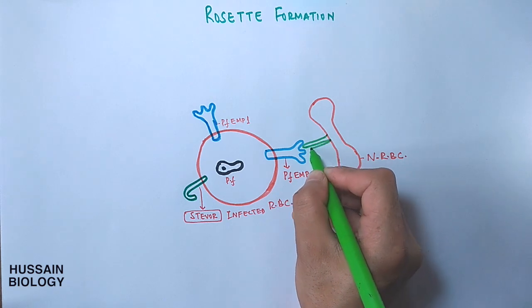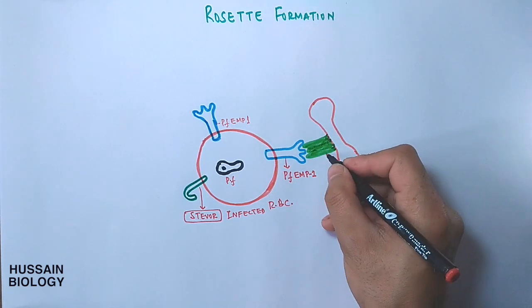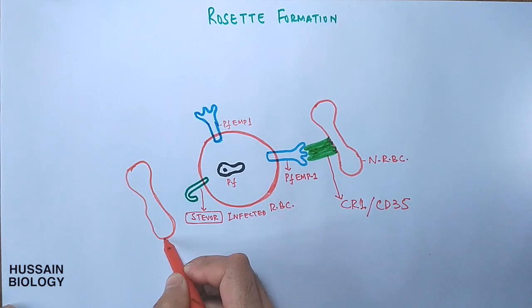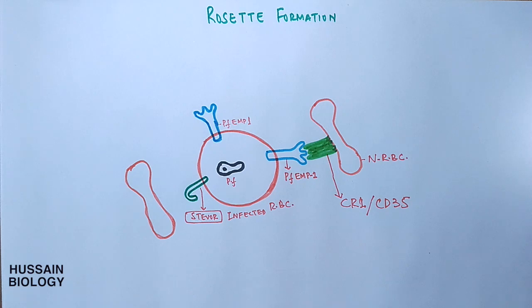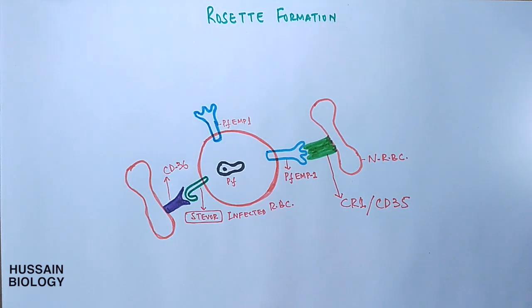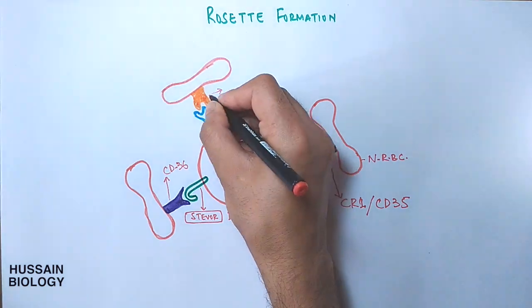Now looking at this diagram, we see one of the PfEMP1 interacts with the CR1 or CD35 receptor of a normal RBC. Then we see this STEVOR binding protein binds to CD36 of a normal RBC, while the other PfEMP1 shows interaction with glycosaminoglycans of normal RBCs.